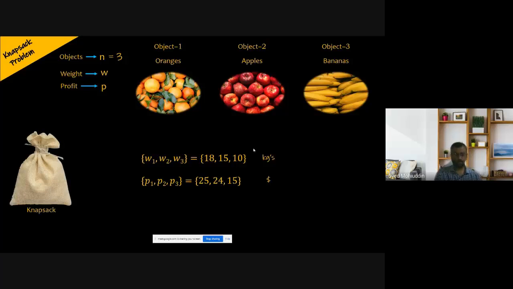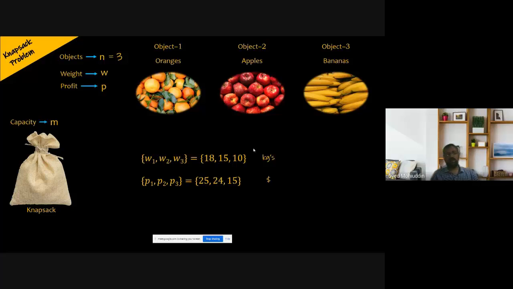Now, there is a bag given. That is what is known as a knapsack. There is a sack, or a knapsack, we have, and there is a capacity to this knapsack.